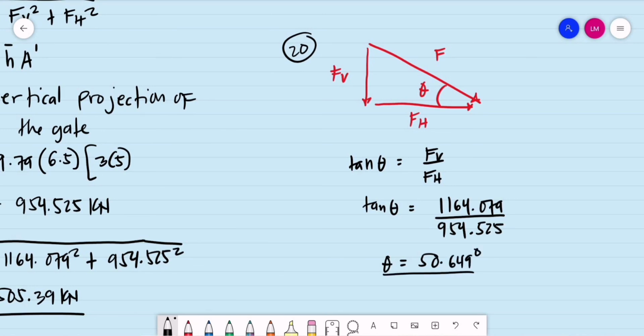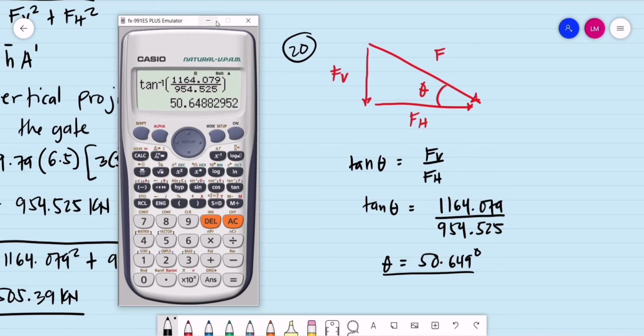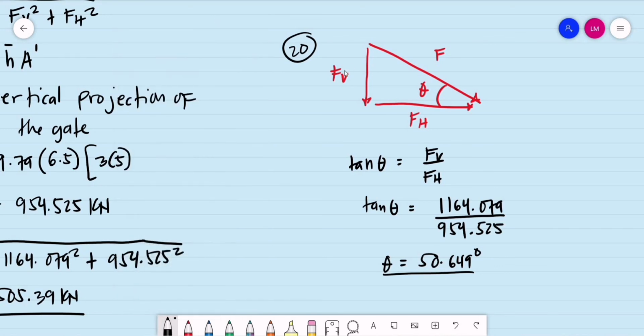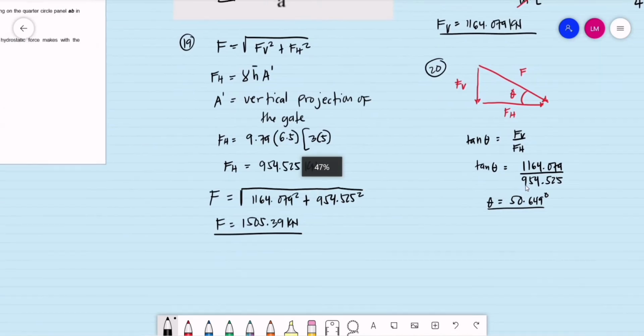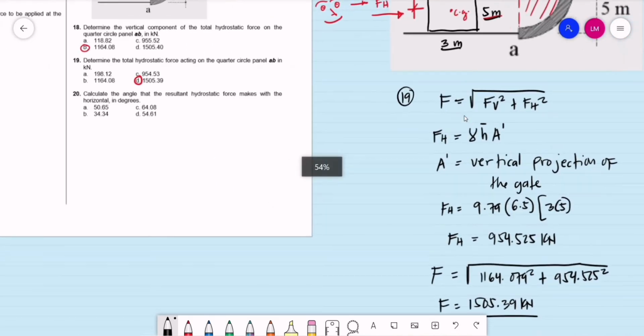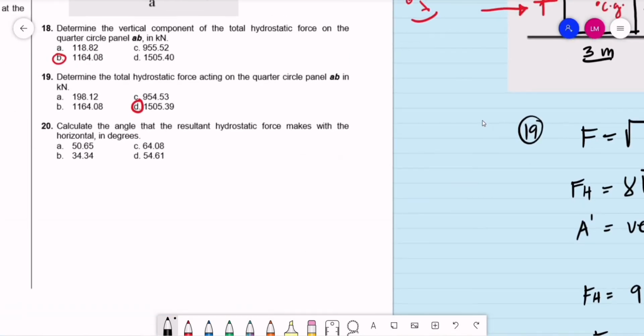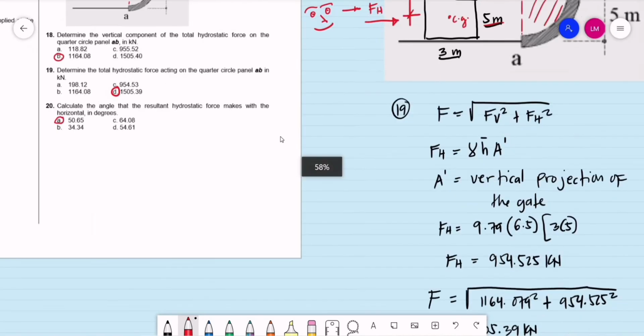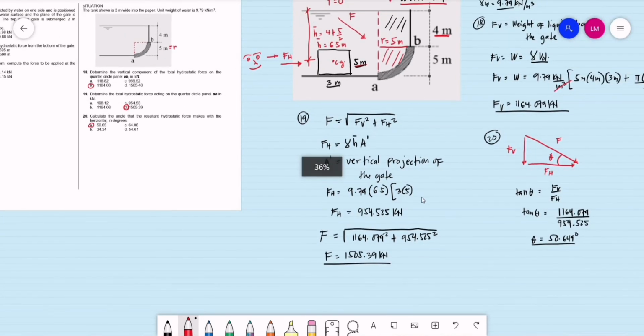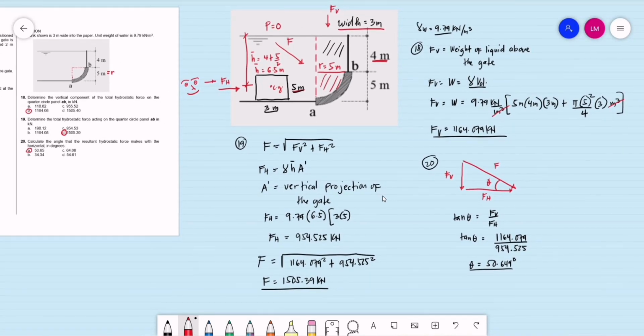Tama ba? 50.649 degrees. So, check natin ito sa choices for question number 20. 50.649, that will be letter A, 50.65. So, this is a passboard exam problem, example natin for the case of submerged na curved surface.